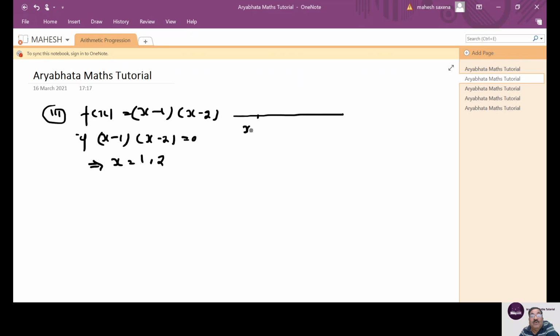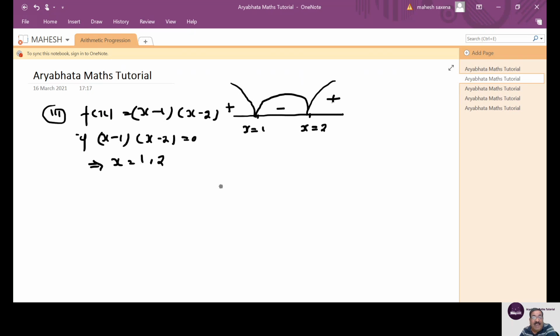Suppose this point is x equal to 1, this point is x equal to 2. On the left side of 1 and the right side of 2, we will mark like this, and we will join these points by a loop. Now mark from the right hand side positive, negative, positive, that is this portion is positive, this portion is negative, and this portion is positive.